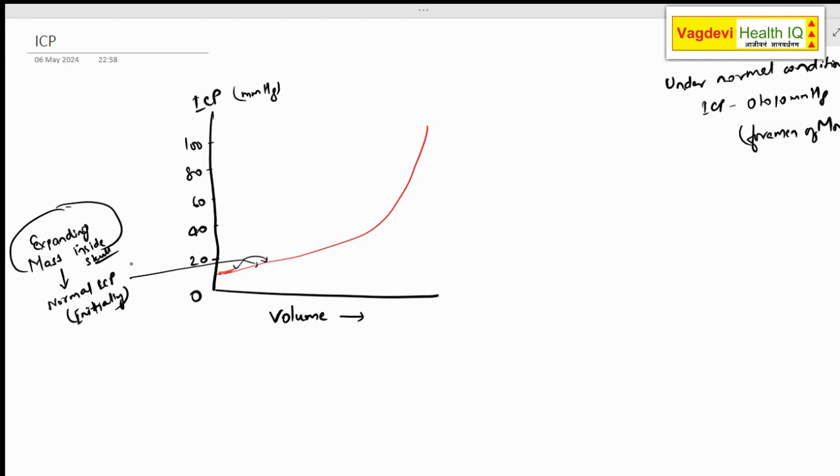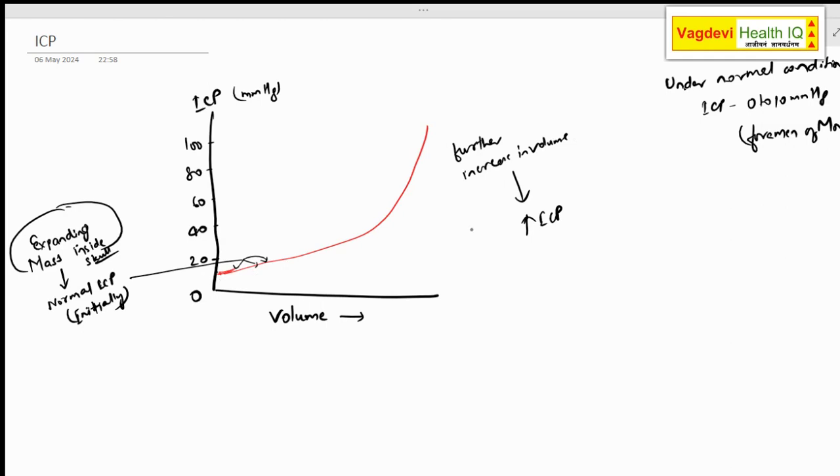Now later, what happened? Further, volume is also increasing. So further increase in volume will produce more ICP, because it is not just the pressure.